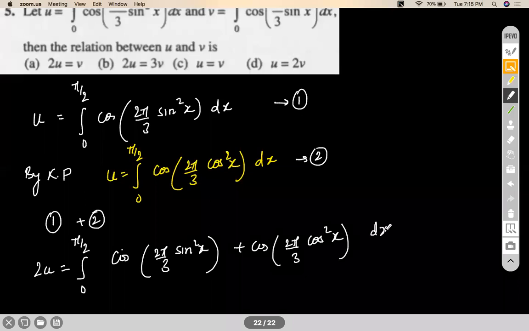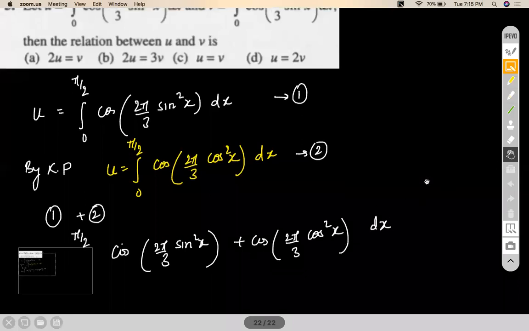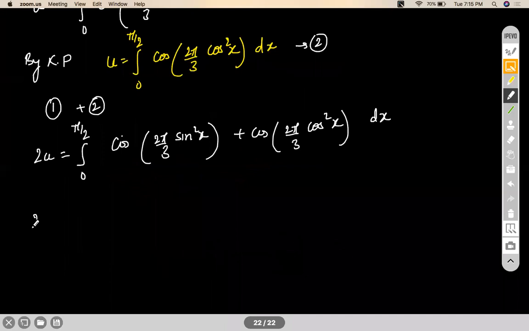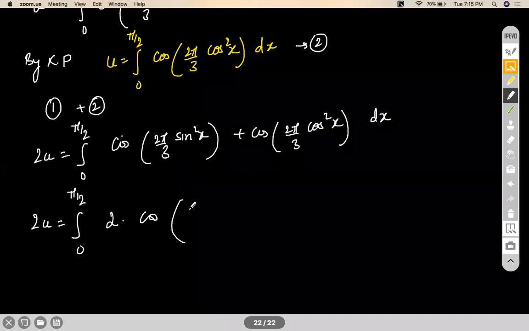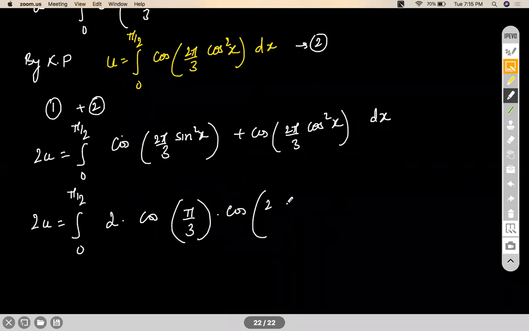Now you can use your cos c plus cos d formula. Cos c plus cos d is 2 cos of c plus d by 2. Now c plus d by 2 will actually leave you with 2 pi by 3 by 2, that is pi by 3, into cos c minus d by 2. Cos c minus d by 2 will leave you with pi by 3 cos 2x.